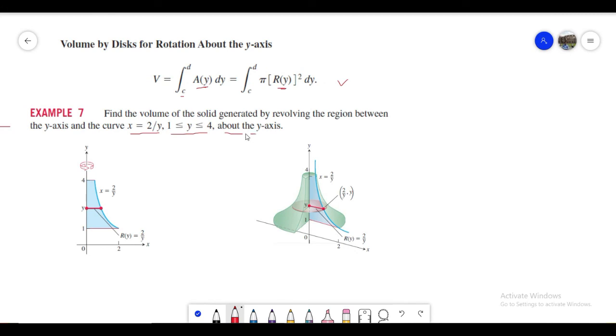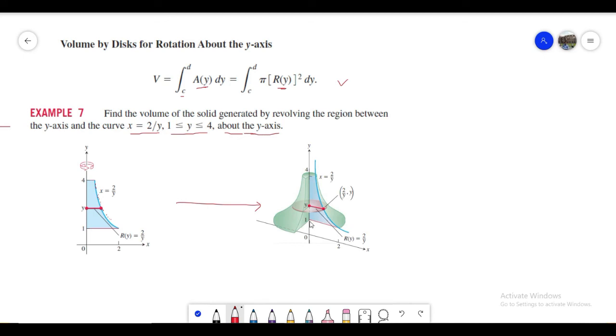So now this one is basically revolving about the y-axis. This is the curve x is equal to 2 by y, and it is moving like this. If you rotate this curve along the y-axis, you will have this formation.